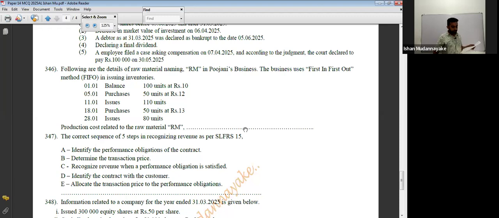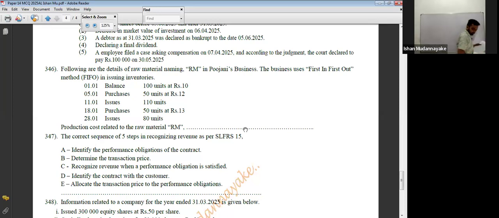Cost of raw material issued to the production.